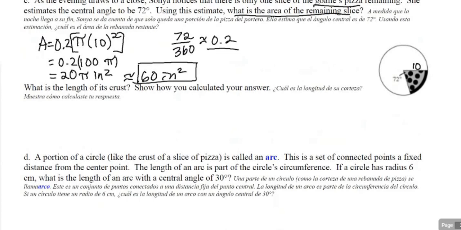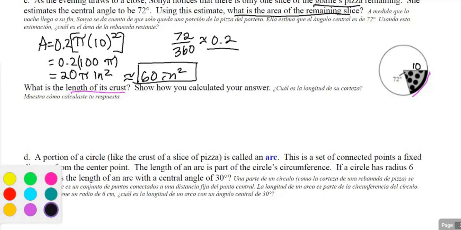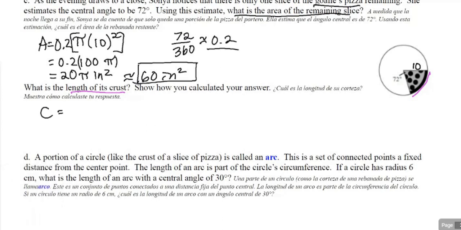What is the length of the crust? Now we're asked the length of the crust. That'll be this distance here. What is this distance? Okay, well, I think I'll use the same method, except instead of thinking about area, I'm thinking about circumference. So I'm going to do the same fraction of the total.